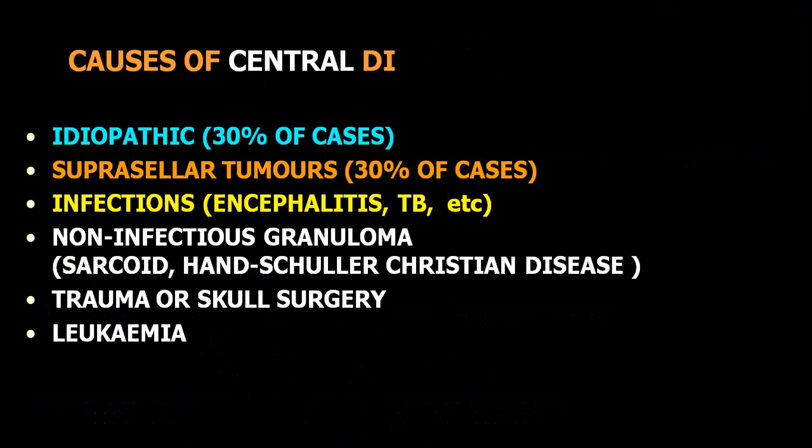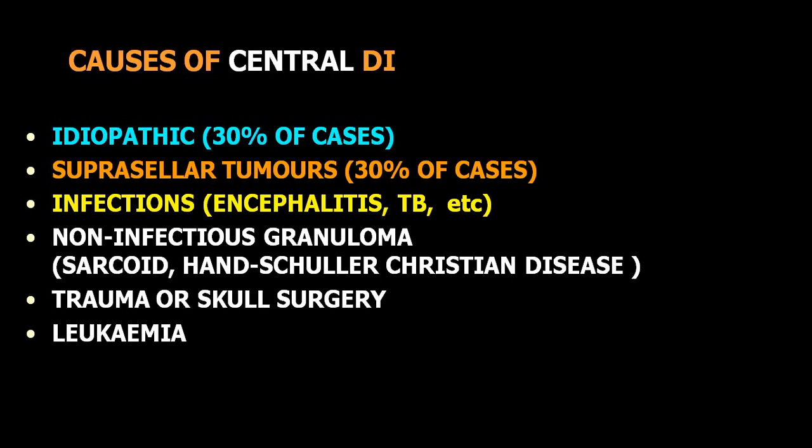As far as the etiology of central or neurogenic diabetes insipidus is concerned, 30% of the cases are idiopathic and 30% are because of suprasellar tumors, which are basically tumors of the hypothalamus or posterior pituitary.